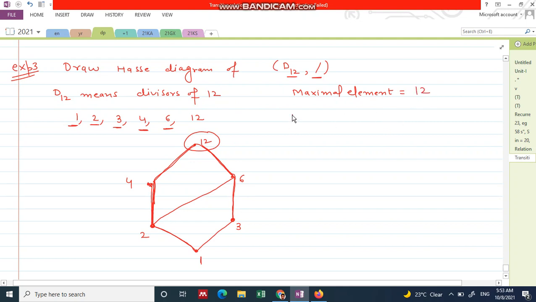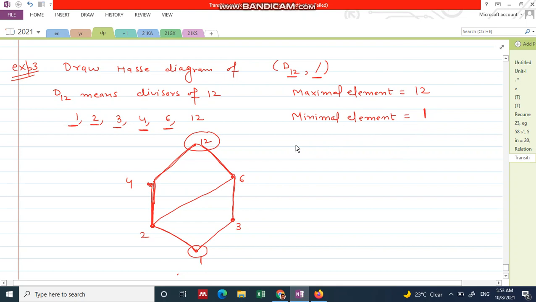Okay. Now the minimal element. The minimal element here is the element which is at the bottom of the Hasse diagram, and no element below it is connecting with this. Okay. So the minimal element is 1.